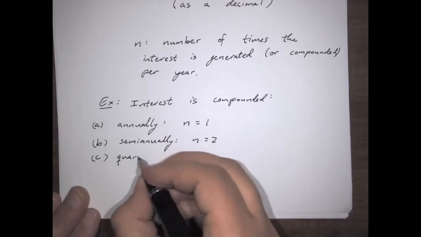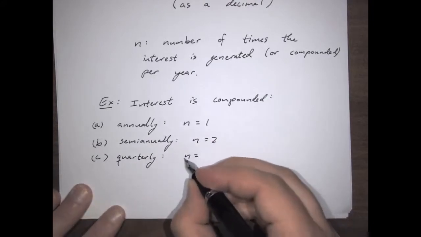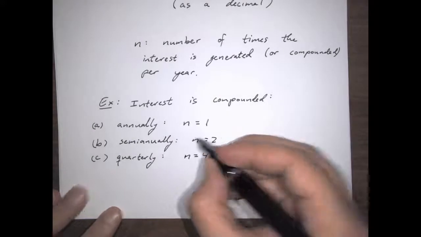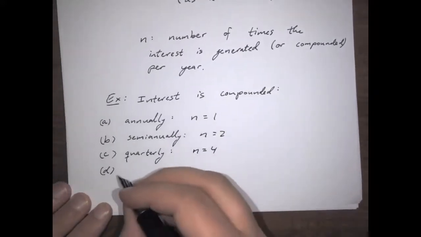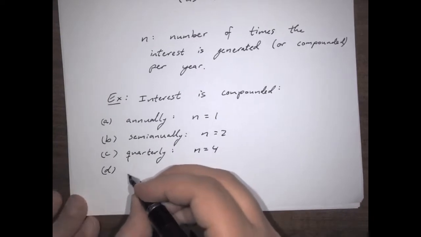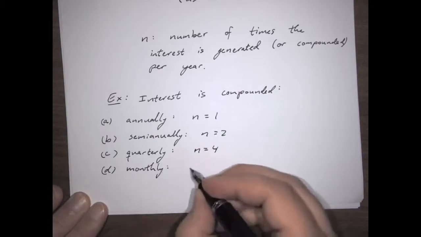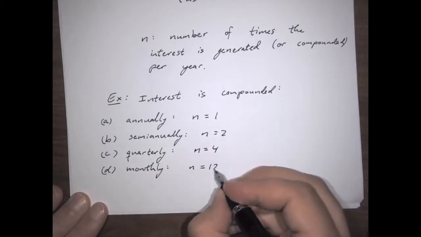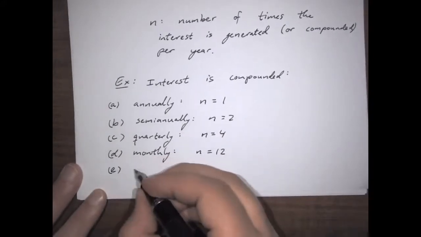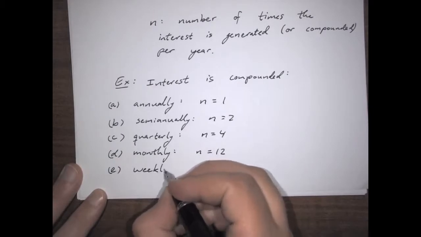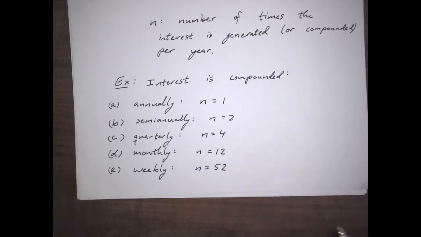Quarterly would mean 4 times a year, so N equals 4. Then the next big one would be something like monthly. That means 12 times a year, once each month. So N equals 12. Weekly, N equals 52.